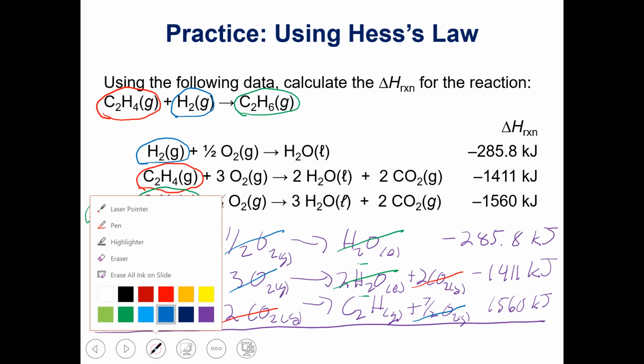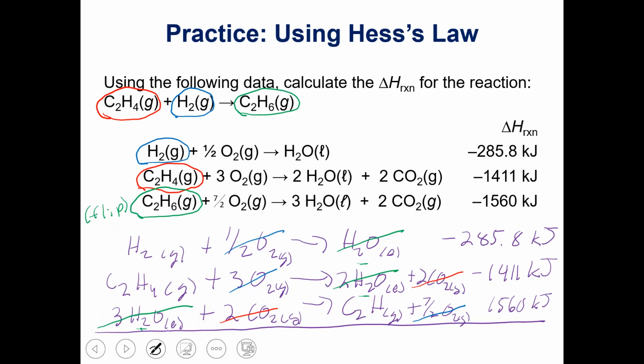So, now that we've canceled everything out, we're left with C2H4 as a gas plus H2 as a gas yields C2H6 as a gas. So then we can add up our delta H values for these 3 reactions.